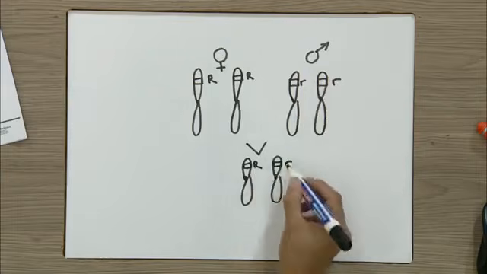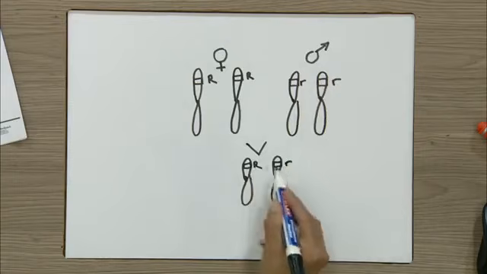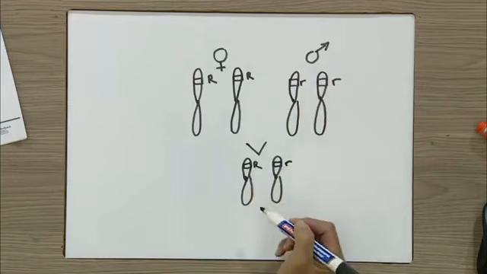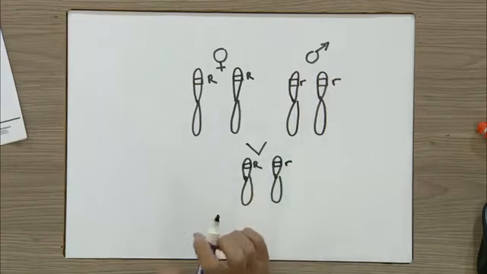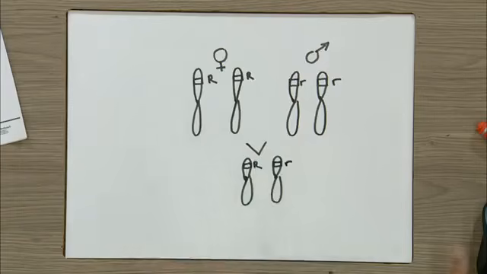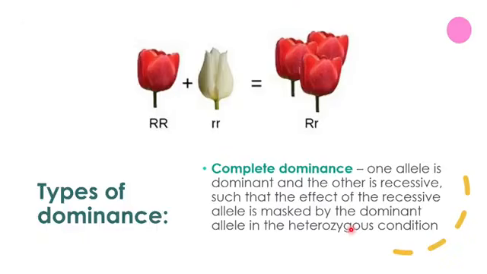And this condition where the two alleles look different, we call heterozygous condition. So once again, to the definition, we see that one allele is dominant and the other one is recessive, such that the effect of the recessive allele is masked by the dominant allele.